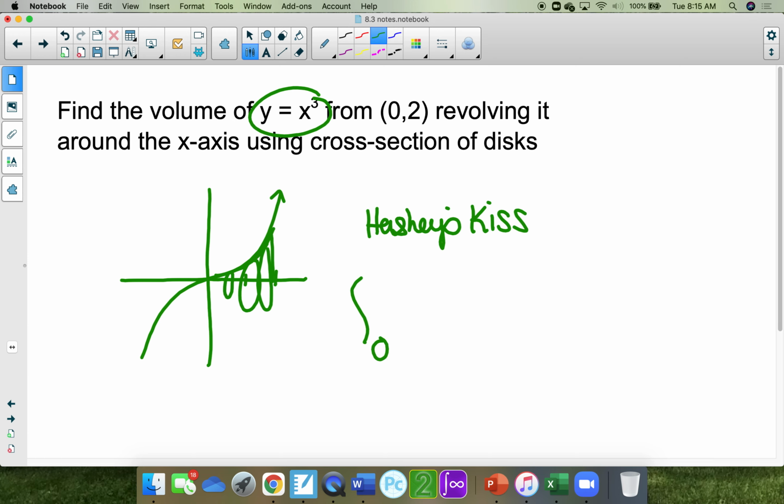You're integrating from 0 to 2, and we're going to use circular discs again.